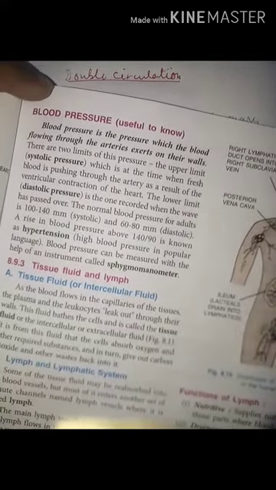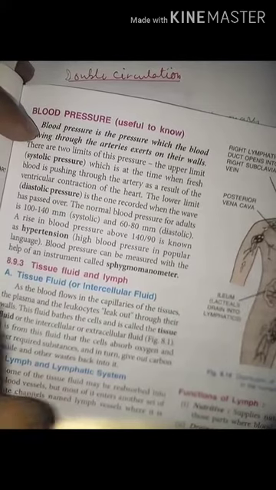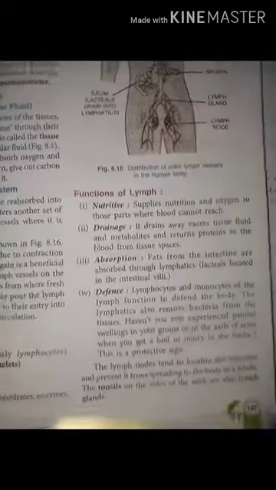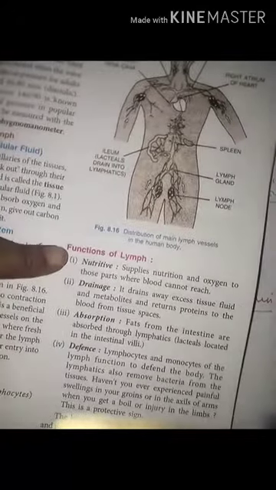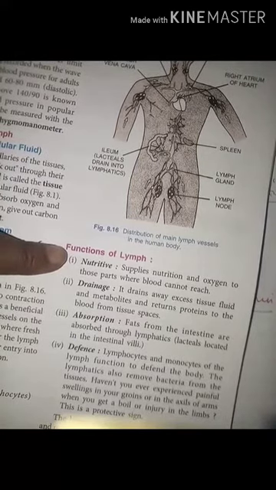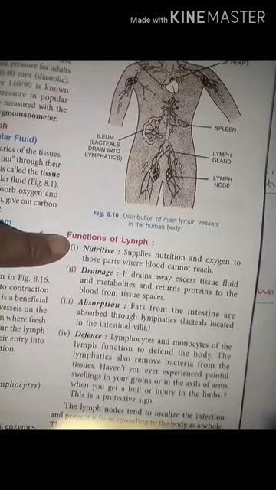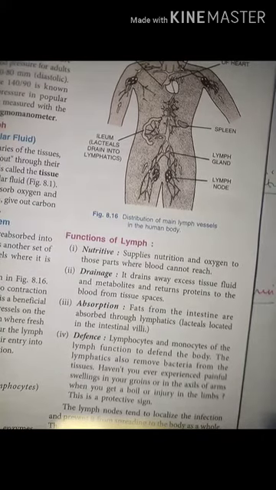Now in the beginning of the chapter we have studied about the tissue fluid. Now come to the function of lymph. Lymph is a fluid that basically contains leukocytes, mostly lymphocytes, but no RBC and blood platelets, and the non-cellular part includes water and some solid particles like protein, fats, carbohydrates, enzymes, antibodies, etc. This lymph is very useful to the body.